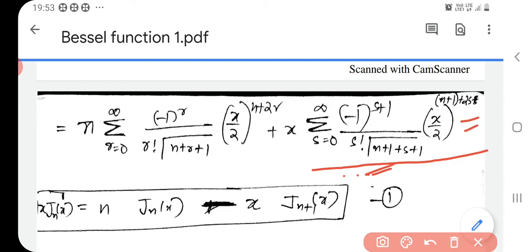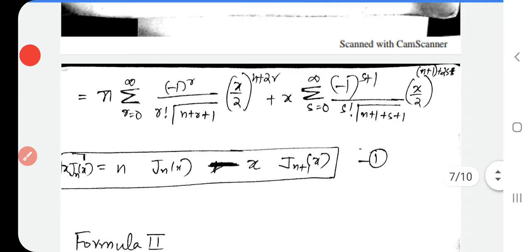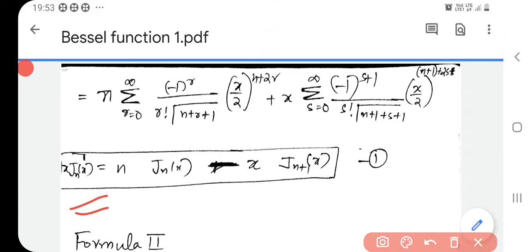Here minus 1 to the power s plus 1, this minus goes outside. So this is minus x J(n+1) of x. So we get x Jn prime of x equal to n Jn of x minus x J(n+1) of x.